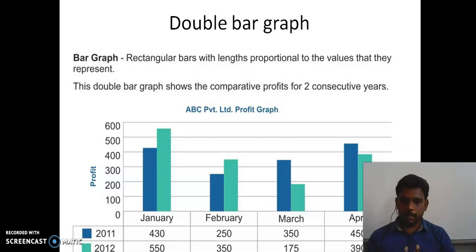This graph is the ABC Private Limited profit graph, mentioned for the months January, February, March, April in the corresponding years 2011 and 2012. Here they are comparing the profits. From the diagram itself we can see which has the maximum profit, and which year and which month, right? That is the procedure for representing the data in a graph, right?